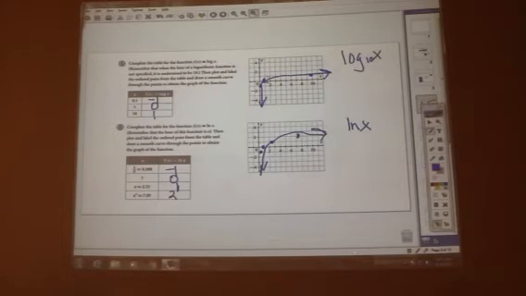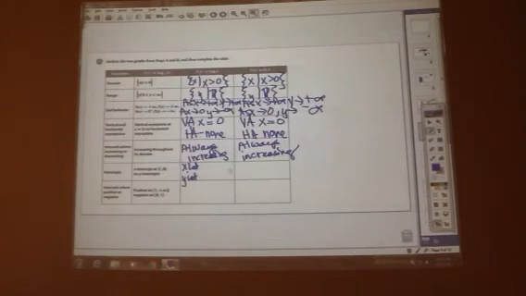Right there, which is 1, 0. Where does it cross the y-axis? Where does it cross this line right here? It never does because that's an asymptote. What about on the natural log? Where does it cross the x-axis? At 1, 0. Where does it cross the y-axis? Never ever.